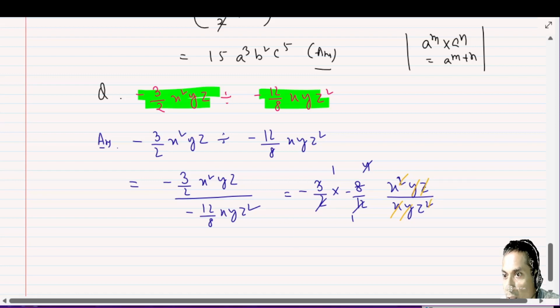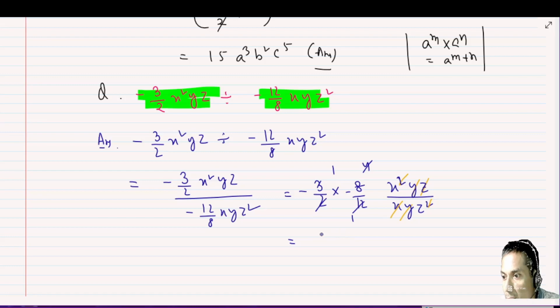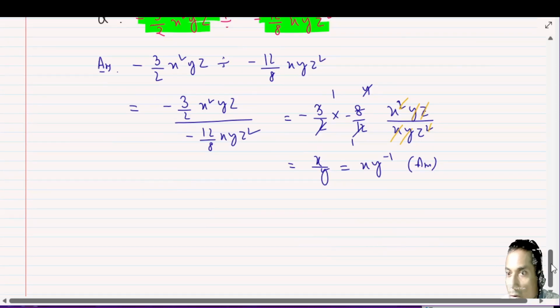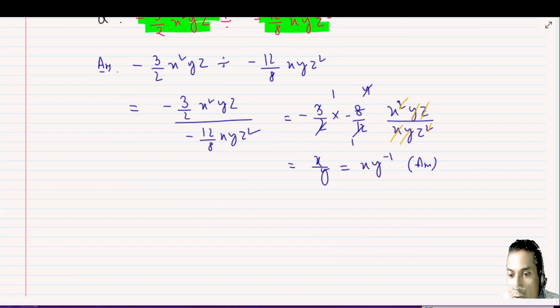So what remains here? You must do the calculation very carefully. Here it is 1, so no need to write anything, and here x remains, and here y only remains. So x y or x y minus 1 is the right answer. Clear? So you have learned the division also.